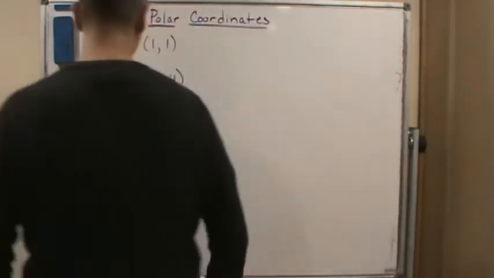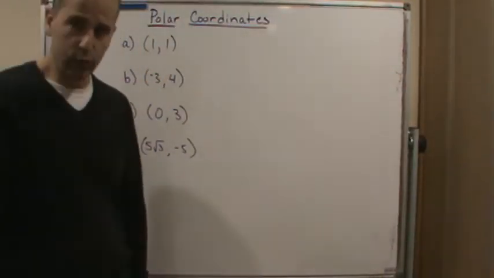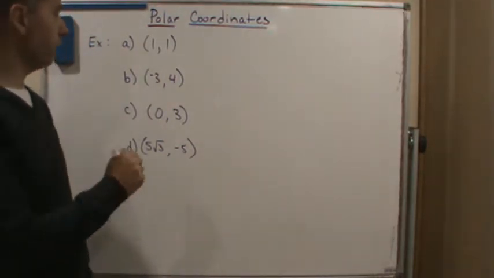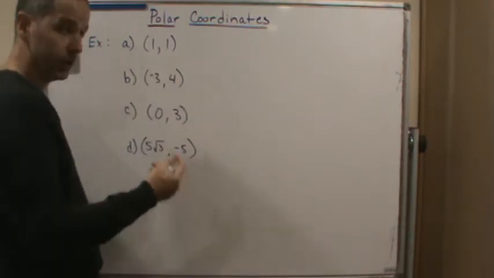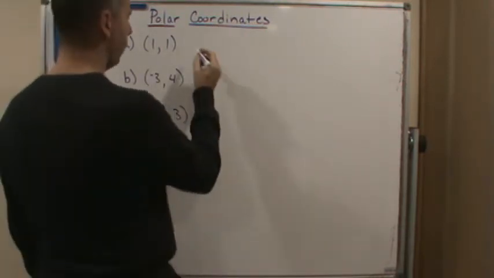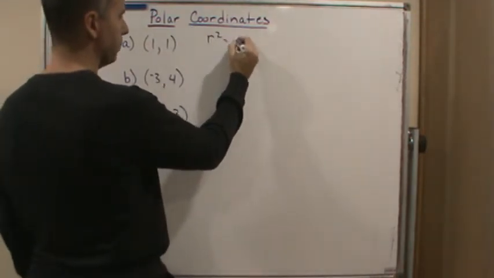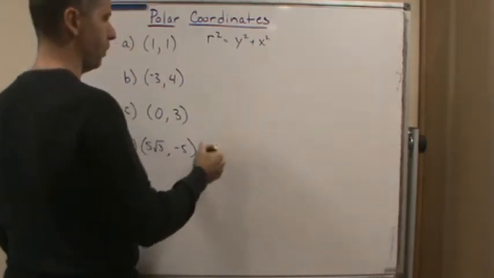Okay, so the first point is this is x and y, right? We all know this, or you should know this. Now I want to convert this to r comma theta. So all we're going to do is use the formula. I know that r squared is equal to y squared plus x squared, or x squared plus y squared.